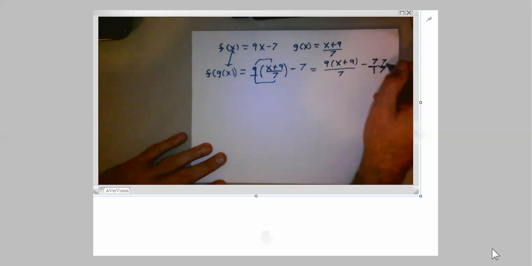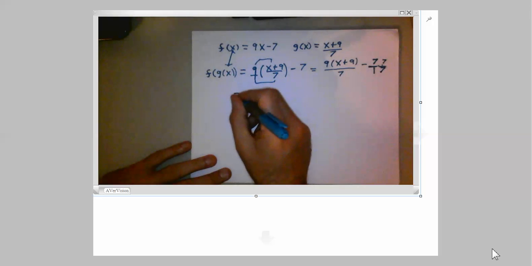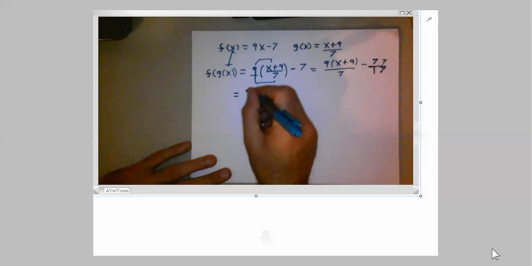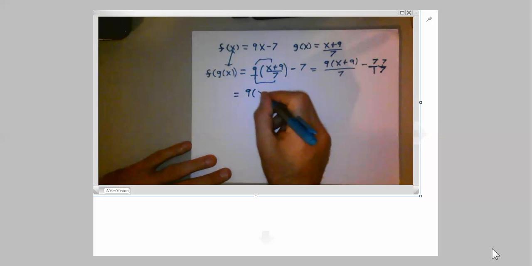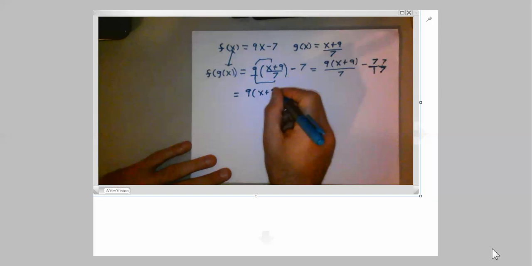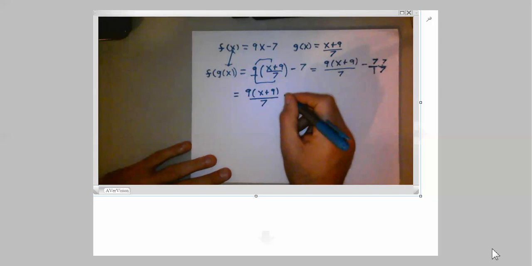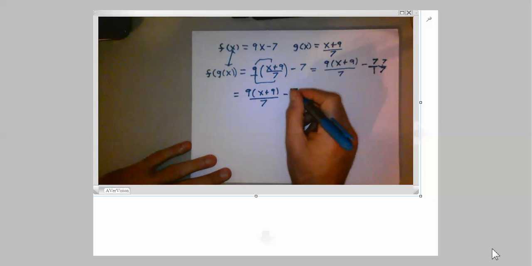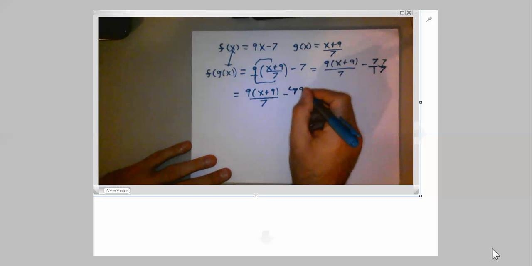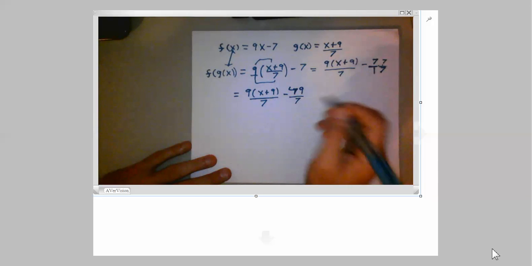Then multiplying across, the numerator is 7 times 7 is 49, and the denominator is 7 times 1 is 7. So this is equal to 9 times x plus 9 divided by 7 minus 49 divided by 7.